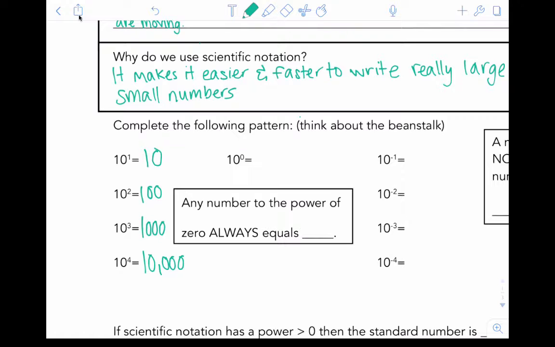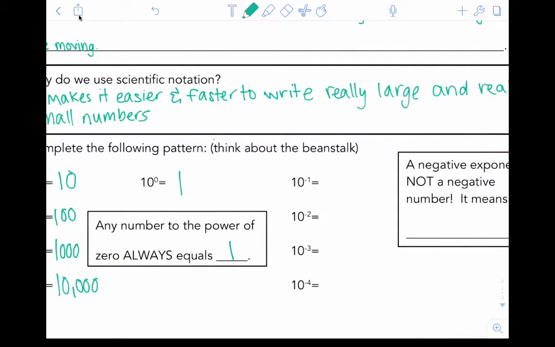Okay, 10 to the 0 is 1. So remember, any number to the power of 0 always equals 1. 10 to the negative first is 1 over 10, which if I write that as a decimal, that is 0.1. 10 to the negative second is 1 over 100, which equals 0.01. 10 to the negative third is 1 over 1,000, which equals 0.001.